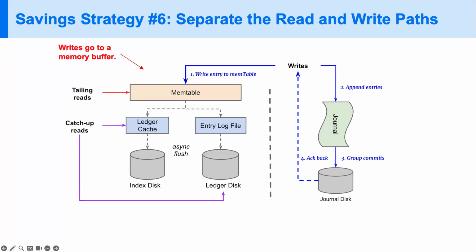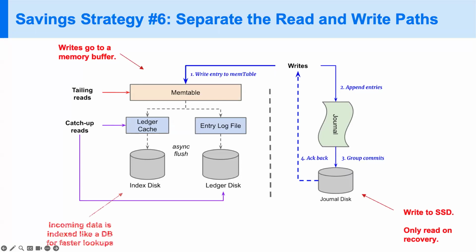But we never read from this disk, only in the event that the entire node goes down and recovers with the same disk, and then it can use that disk to restore the in-memory table. But in normal operational flow, all the data is written to the memtable and is then consumed into the ledger cache. We index it like a database, so you can have quicker lookups. First we buffer it together, index it, and then periodically buffer it into a ledger disk, where it is made available.